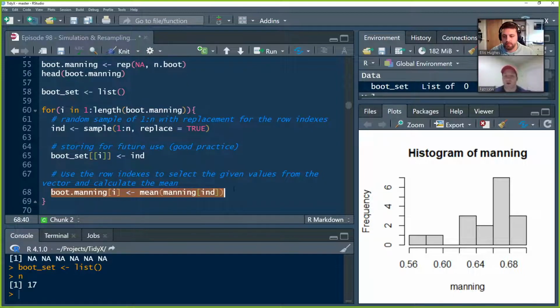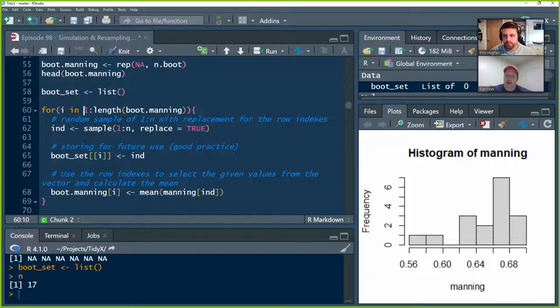And then what we're also going to do is take each of those indexes and go to our original data set, the Manning data set, and say, hey, get me those 17 indexes that I just pulled out with replacement, and calculate the mean of them and store that in the boot Manning vector and do that 1,000 times.